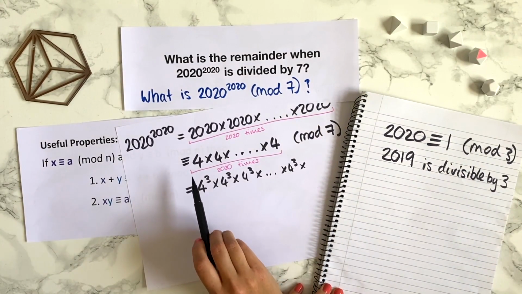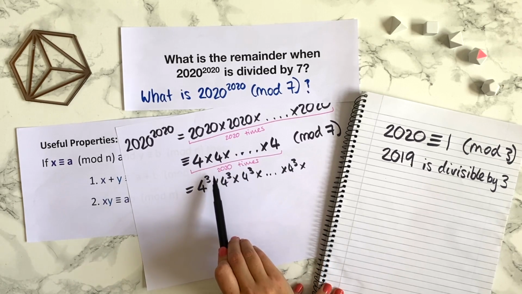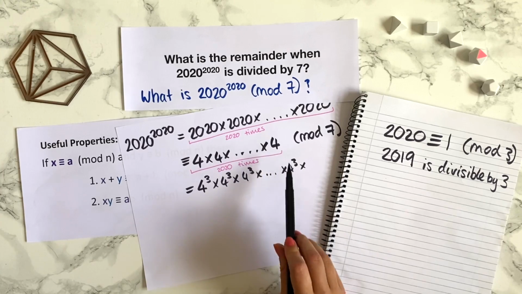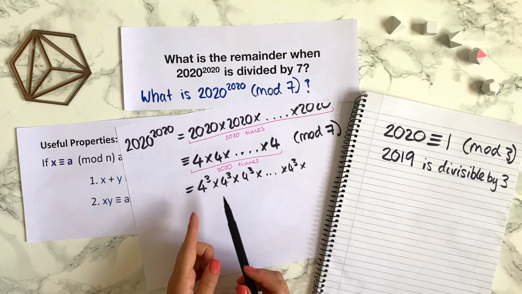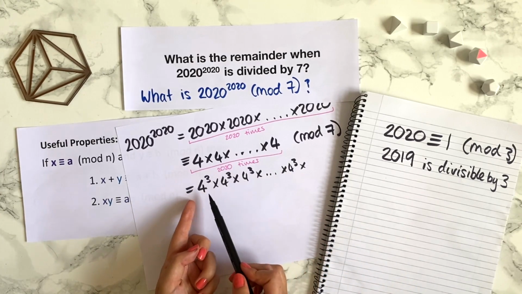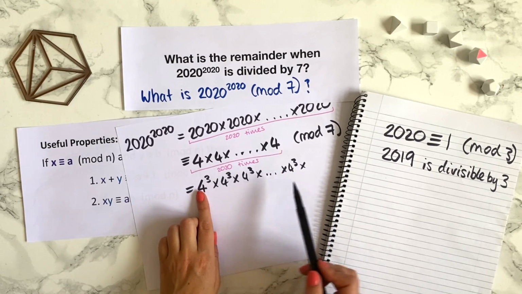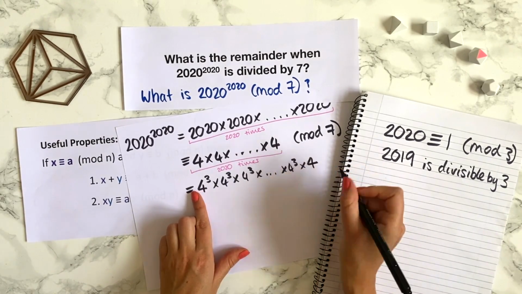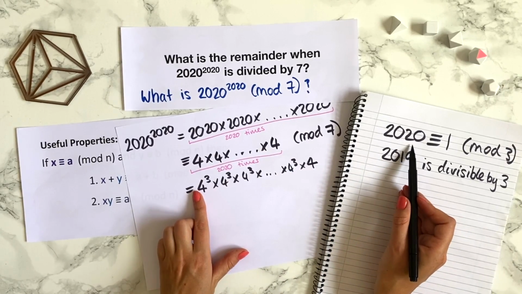So this means that if we want to multiply 4 by itself 2020 times, and we're trying to use as many powers of 3 as possible, we can use powers of 3 until we get to 2019 lots of 4, and then we're going to have to multiply by a single 4 at the end to make it to 2020.